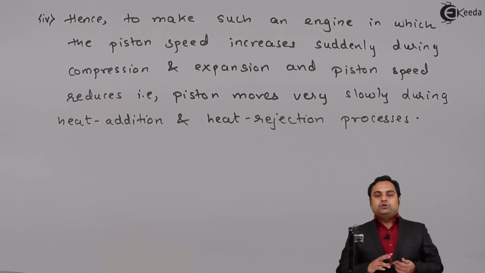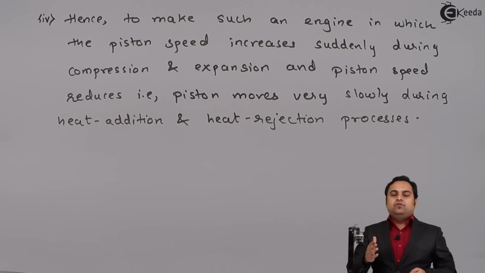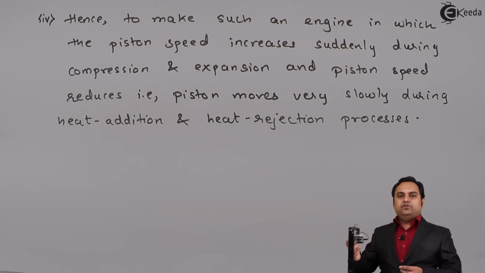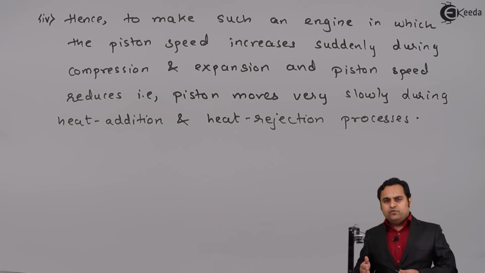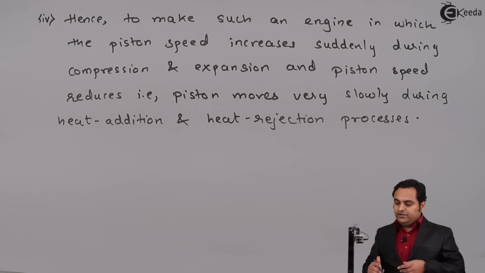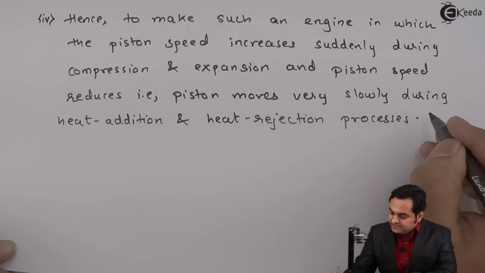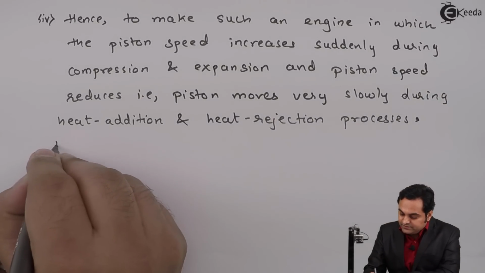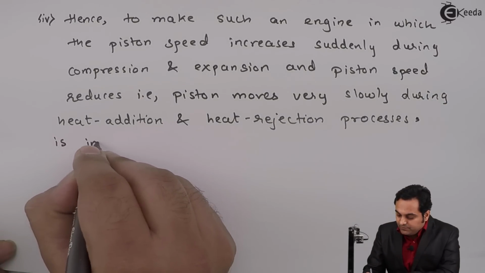So in two processes the piston moves at a very fast speed, and for the remaining two processes it moves at a really slow speed. Hence, to make such an engine is impossible.